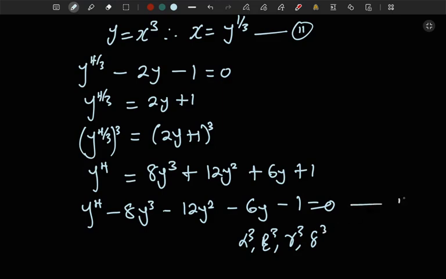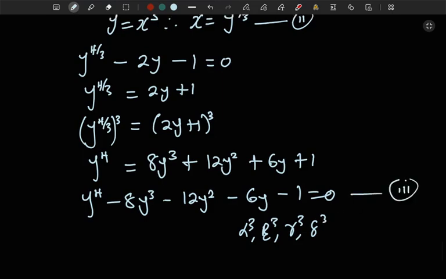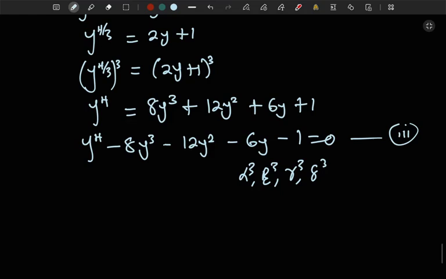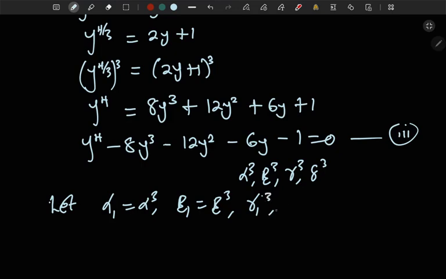Let's call this equation 3. To make this clear, let alpha 1 be alpha cubed, beta 1 be beta cubed, gamma 1 equals gamma cubed, and delta 1 equals delta cubed.